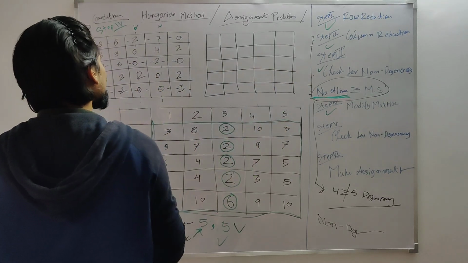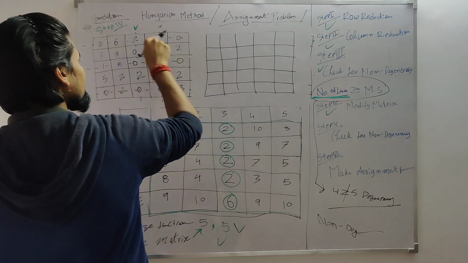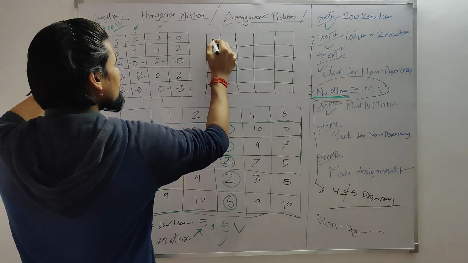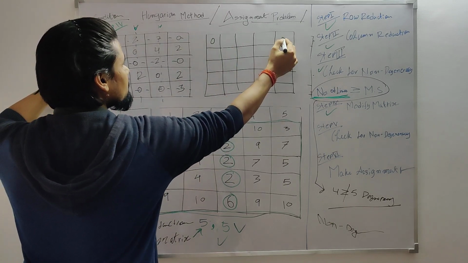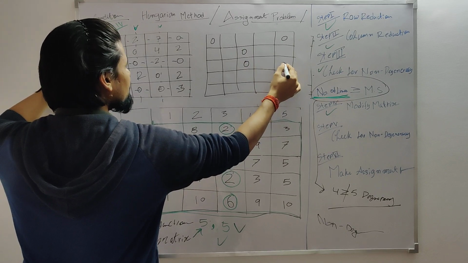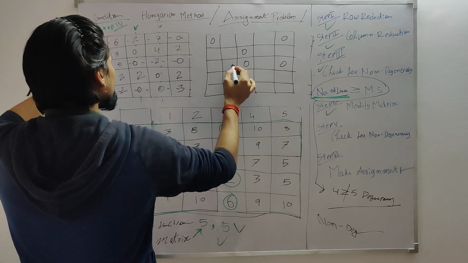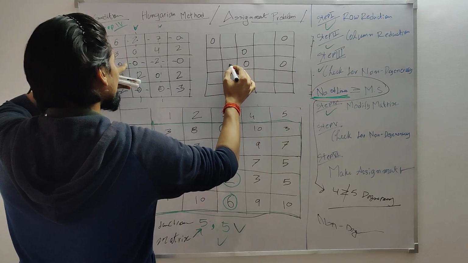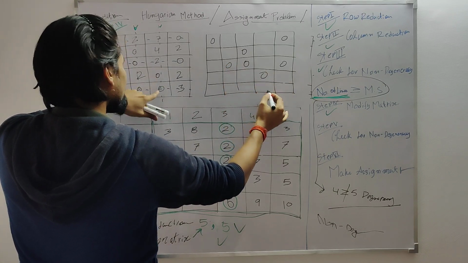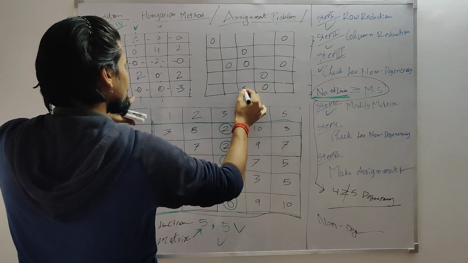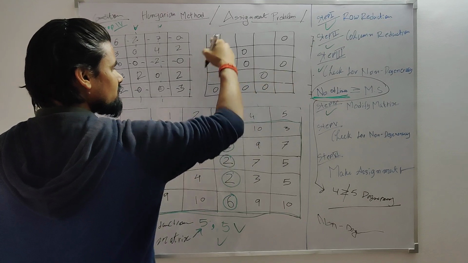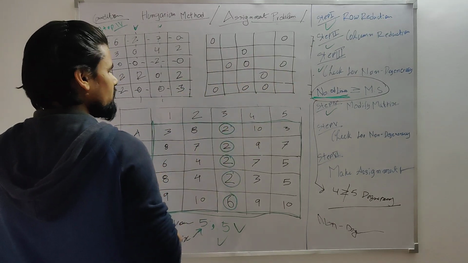Now what I will do is put a 0 wherever I am having a 0 in the earlier matrix. Over here 0, and over here also, third row, and here 0, 0, 0. So I have drafted this whole 0 thing over here.